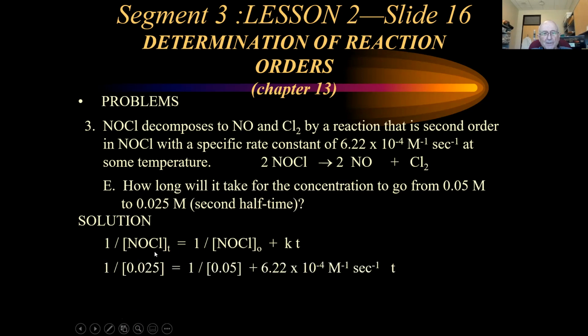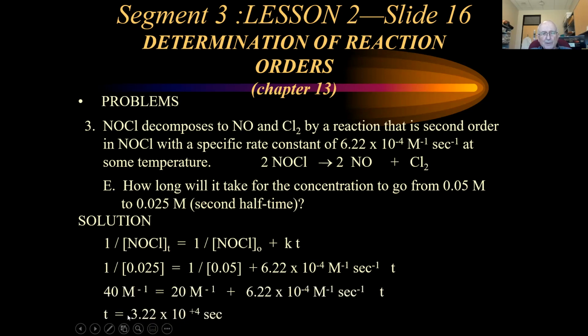Here we put in our initial concentration for this experiment, and the 0.025 is what it is at the end of the half time. 0.05 is what it was at the beginning. We still have the constant. We solve for t, and we do the data, and we get 3.22 times 10 to the 4th seconds, which is twice the first half time. And that's what we knew should happen.